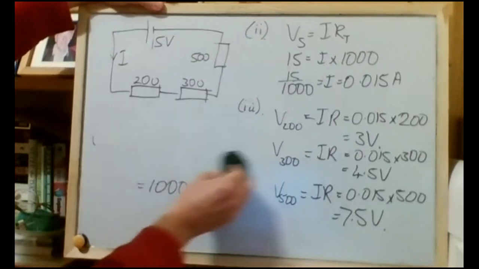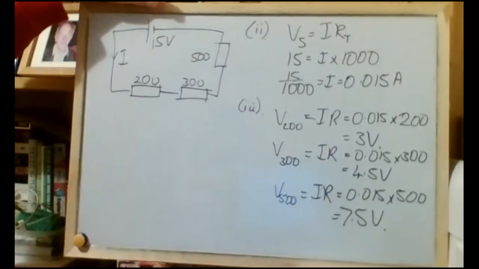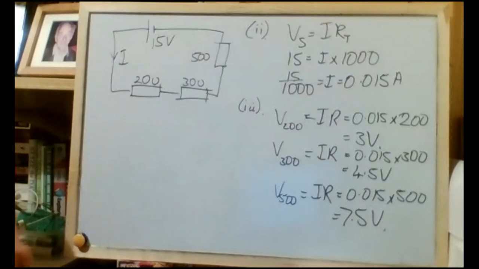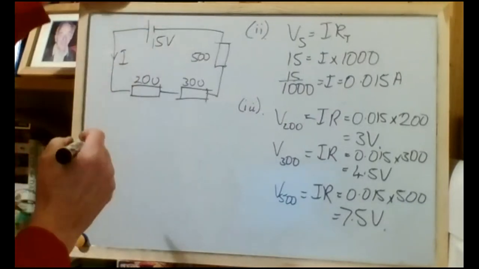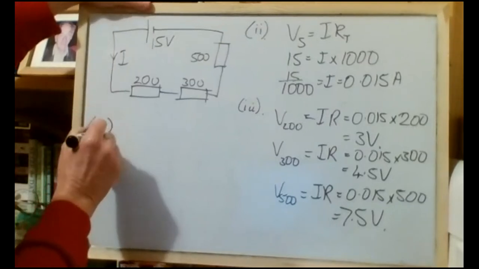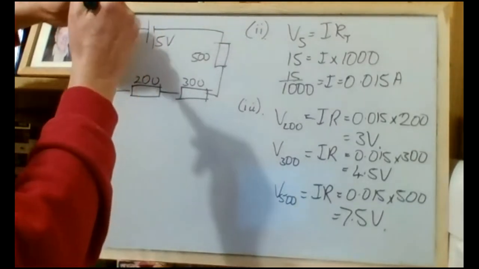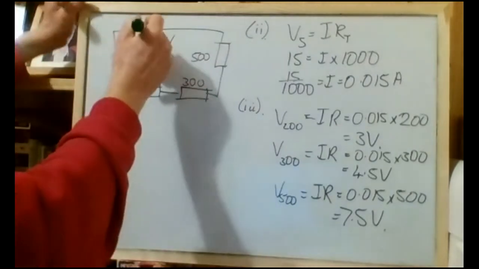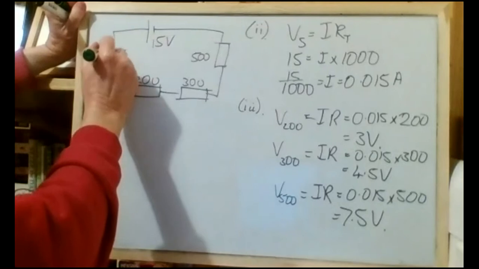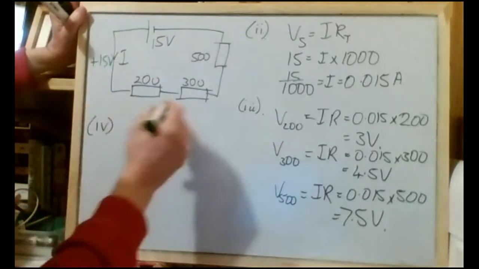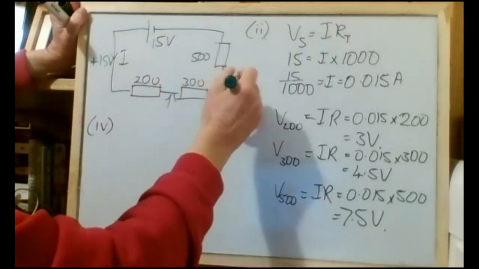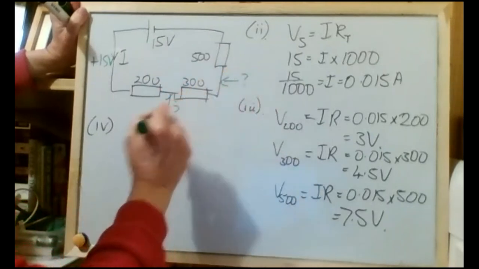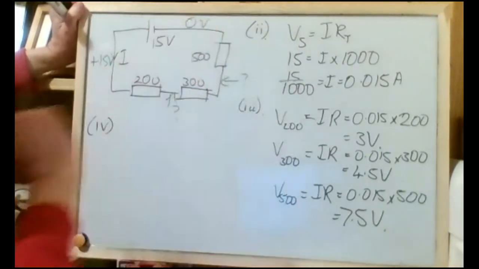Okay, and then the last part, again another stumbling block for people, is the potential at each point in the circuit. We know the potential here, out here, all along here, is plus 15 volts. So what's the potential there? And what's the potential there? You need to work out those. We know the potential there is 0 volts.